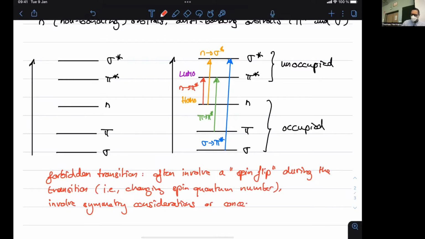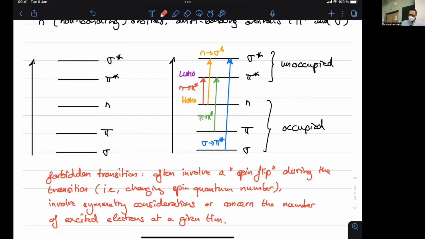Or they can concern the number of excited electrons at a given time. So it's unlikely that you have at the same time 2 or 3 excited electrons in the same molecule. That would be quite unstable.